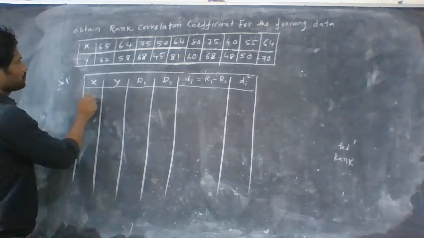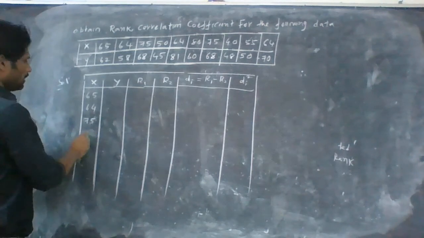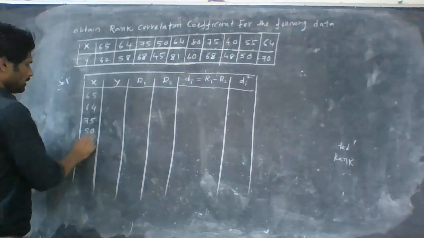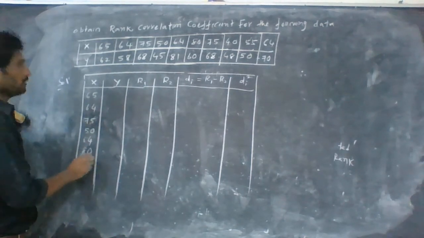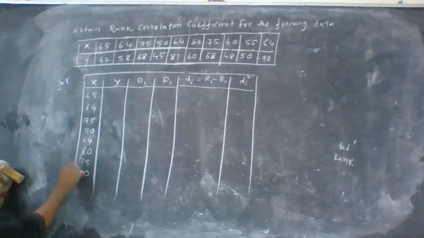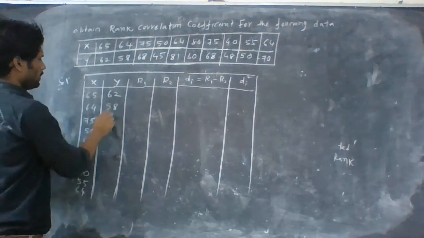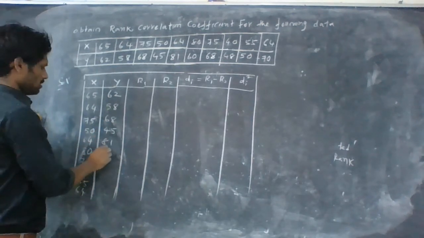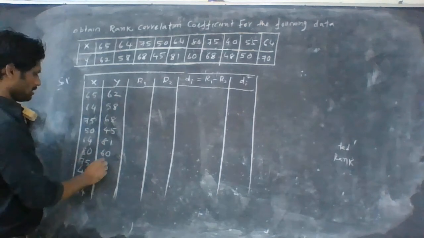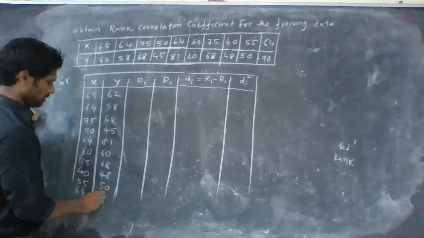The x series values are 65, 64, 75, 50, 64, 80, 75, 40, 55, 64 and the y values are 62, 58, 68, 45, 81, 60, 68, 48, 50 and 70.